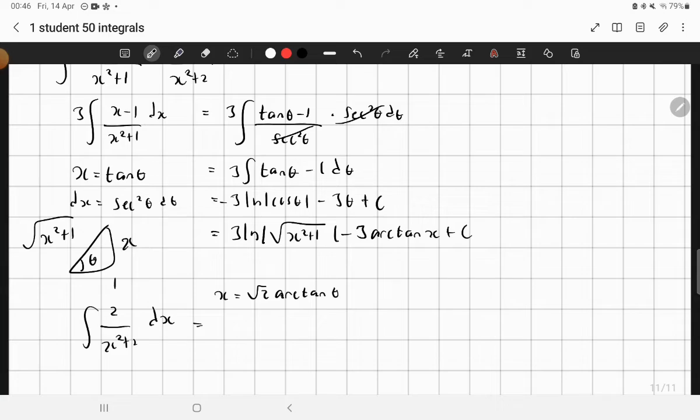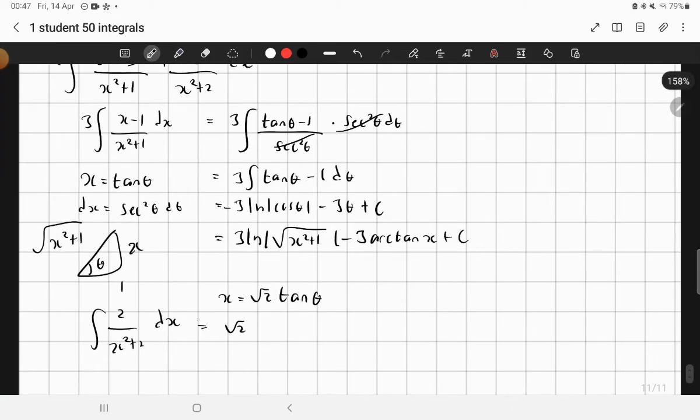I believe that we are left with square root of 2 arctangent of x over square root of 2.